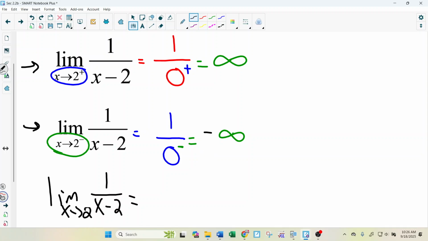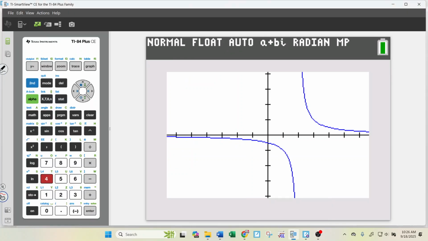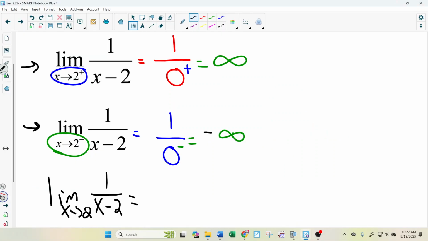Are they the same? If you look at the graph, from the right and the left, are they the same? No. Therefore, this does not exist, because the limit from the right and the limit from the left aren't the same.